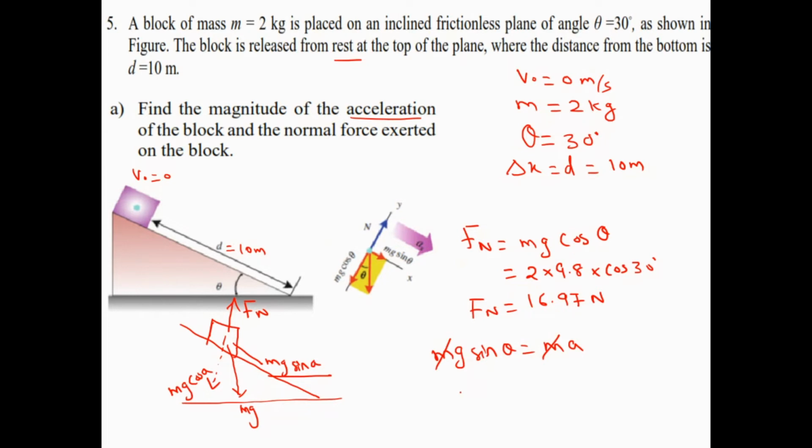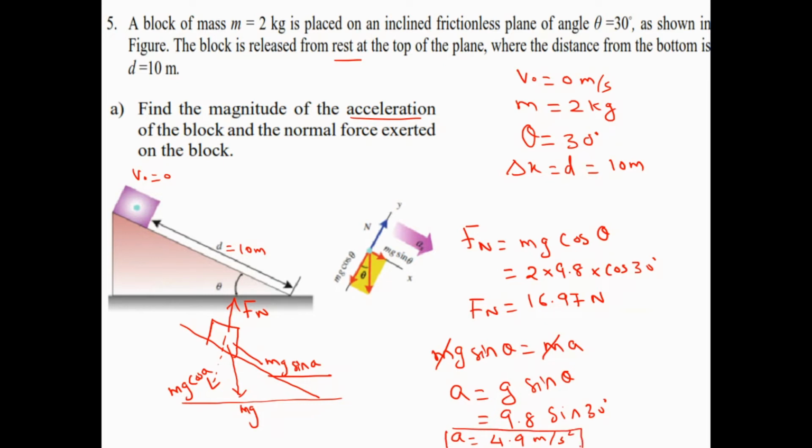So my acceleration is equal to g sine theta, and the g value is 9.8 sine of 30 degree, which gives the answer of 4.9. The acceleration value is 4.9 meter per second square.